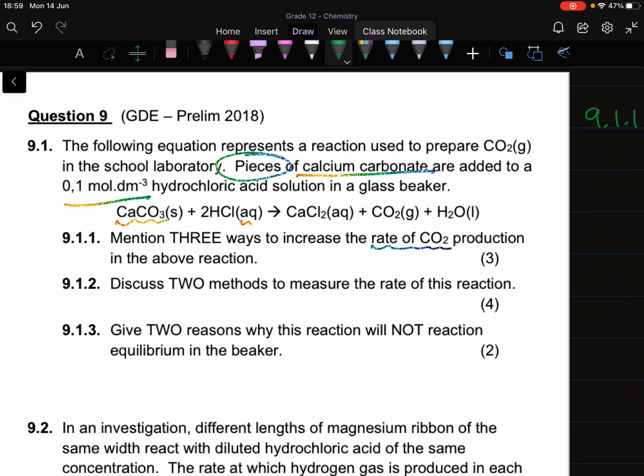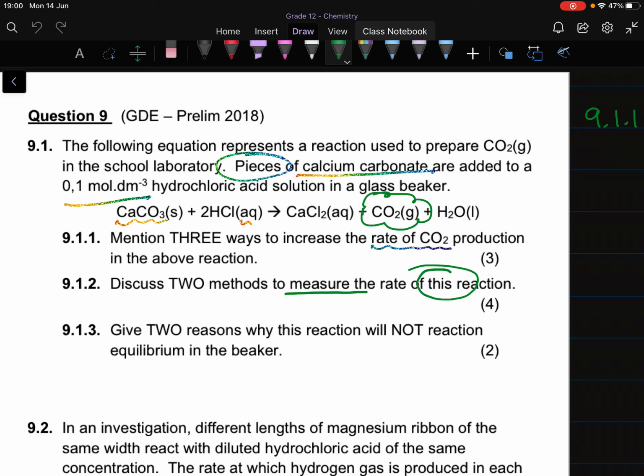Discuss 2 methods to measure the rate of this reaction. And the big thing here is the fact that we're getting a gas. So either we need to measure the volume of the gas produced, or we need to measure the mass lost in an open container.